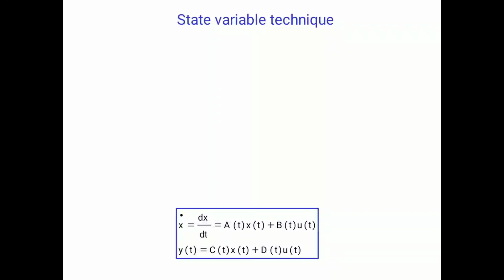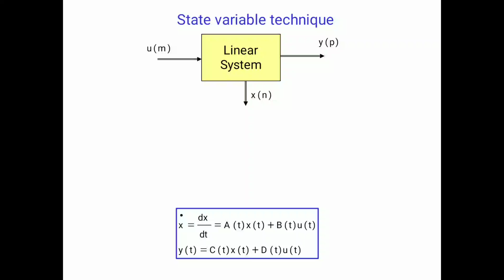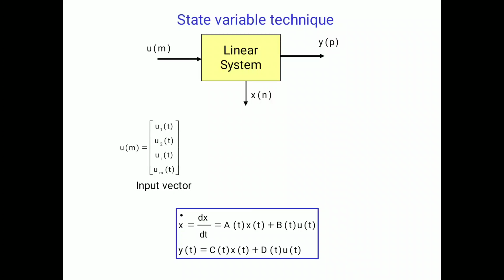So first of all, in the state variable techniques, we know the linear system has different inputs denoted by u and outputs denoted by y, and the state variables are represented by x. The input vector consists of the input variables u1, u2, u3 up to um, that is the input vector u.